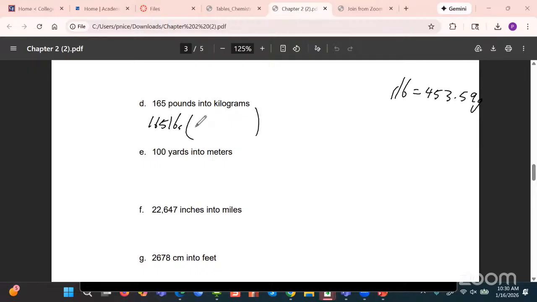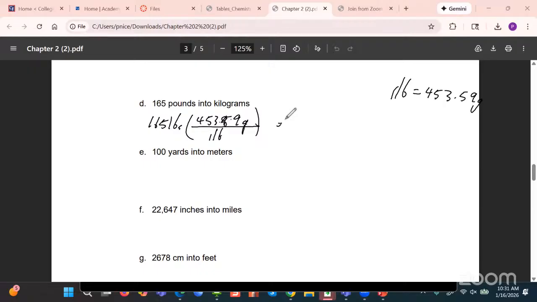So my question to you is, what would be the conversion factor? What would be in the numerator and what would be in the denominator? The 453.59 would be in the numerator, and 1 pound would be in the denominator.